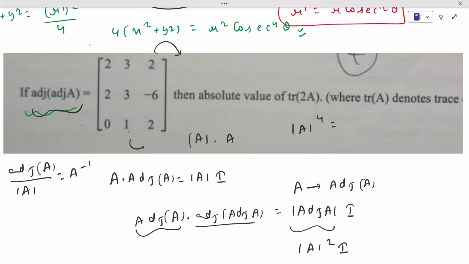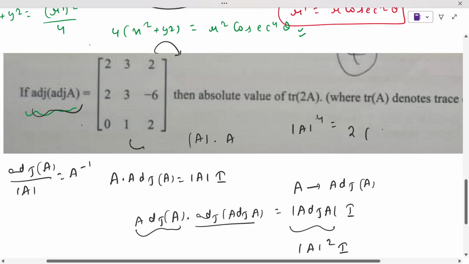Then cube will come back to the starting. So I have 2 times, sorry, 6 plus 6 minus 3 times 4, then plus 2, again 2. Right?